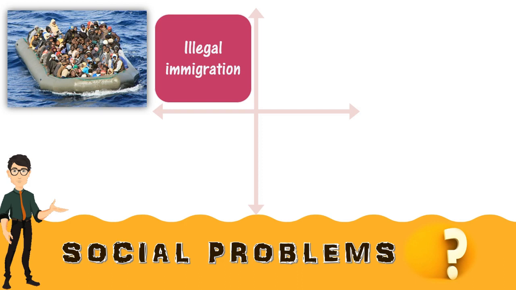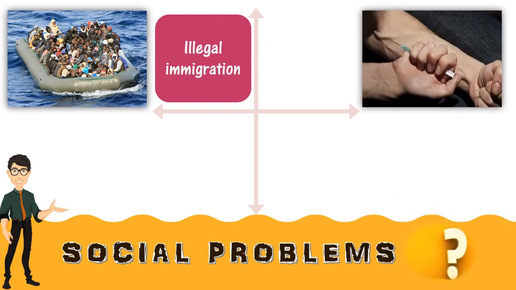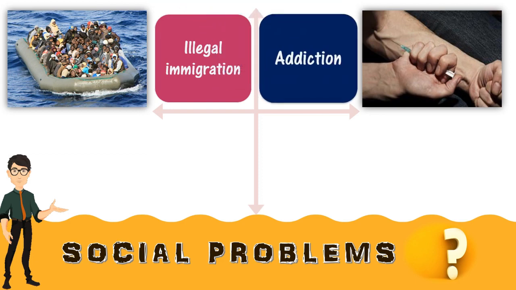Just like you see in the picture, this group of people who might be Africans are trying to cross the sea to Europe in a way that is illegal. This problem is referred to as illegal immigration. Another common problem is addiction, which can take many forms, like addiction to drugs, addiction to alcohol, etc.